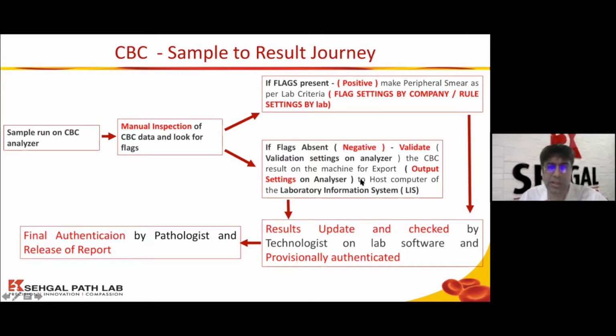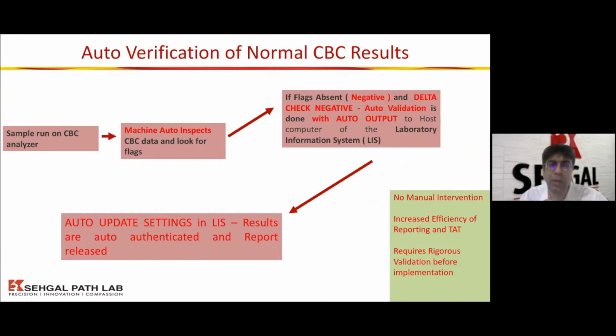Now, this is a typical system of the sample to result journey, and where the role of flag comes in. There is another important thing to be aware of, which is called auto verification. Now, this is where the machine auto inspects for flags. If the flags are absent, the delta check is negative. There is an auto validation setting, which is then put out onto the auto output setting of the CBC system to the LIS.